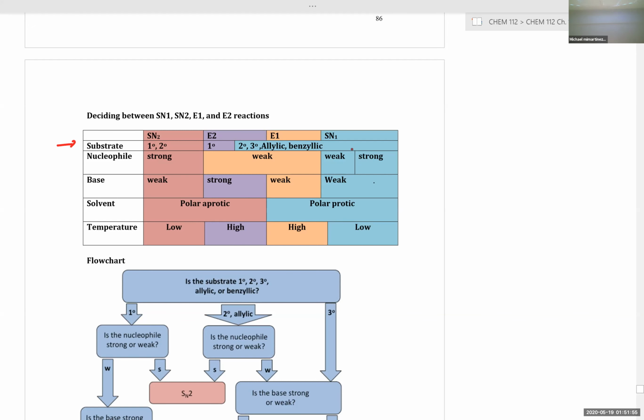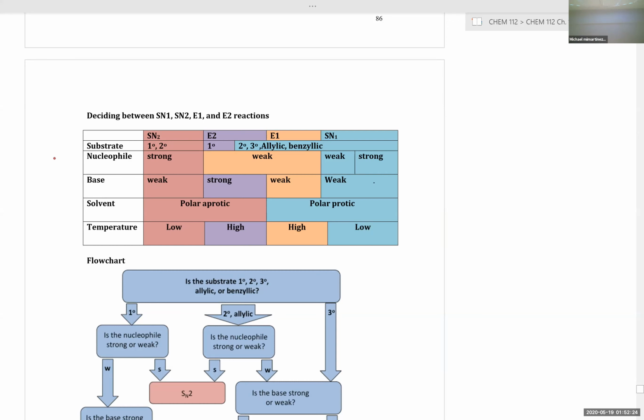If you have a strong nucleophile, you're primarily dealing with an SN2 reaction. If your base is weak, that's another checkbox for the SN2 reaction. You'll go through this table looking at your substrate, then your nucleophile, then the base, then the solvent. Depending on the differentiating factor in your reaction conditions, the conditions will favor SN2, E2, E1, or SN1 reactions.